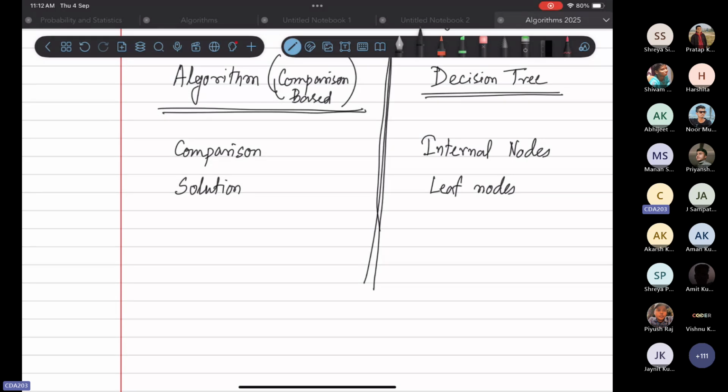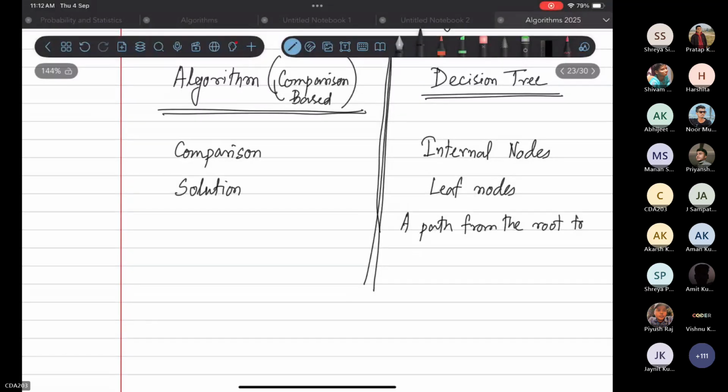Now, one more thing. This is an important thing. In the decision tree, I'm asking about a route or a path from the root to a leaf node.